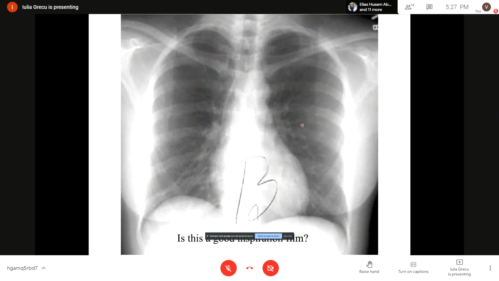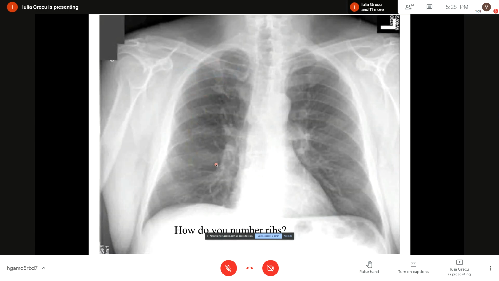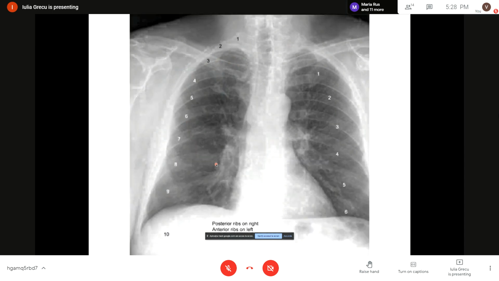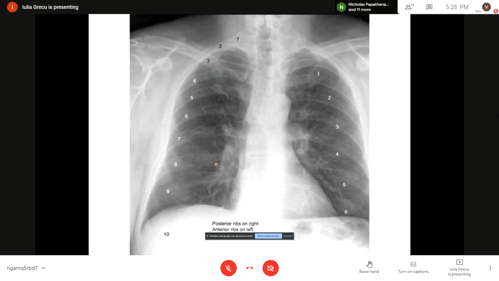What you can see is the lungs are perfectly distended, and we see only vessels and no consolidation that will induce diagnosis problems. This is again an illustration of how to count the ribs correctly, so that you can exercise when you will read these workshops.